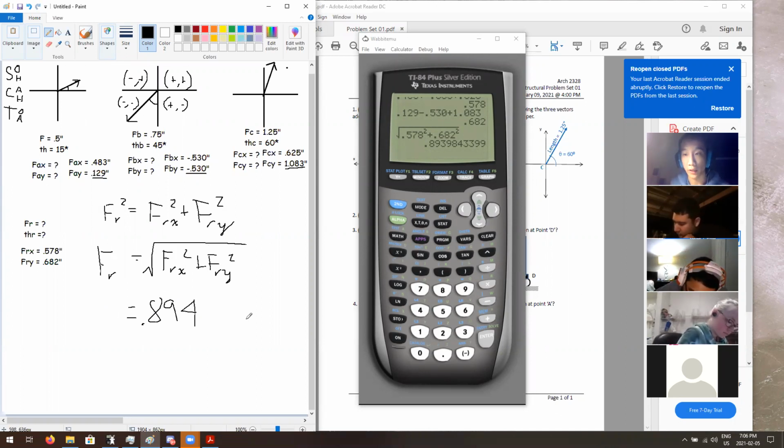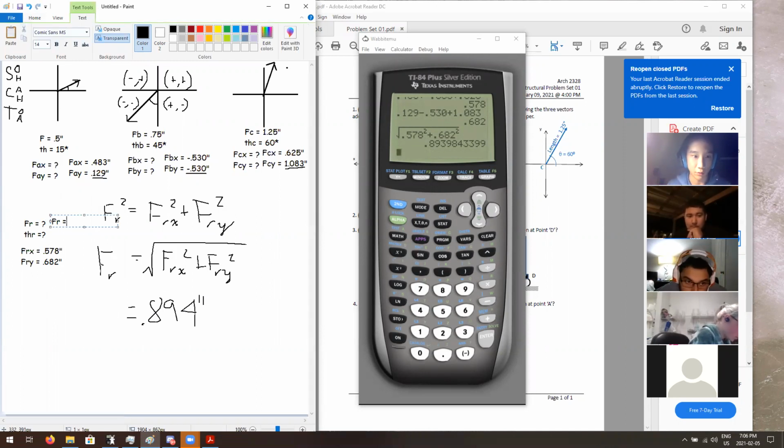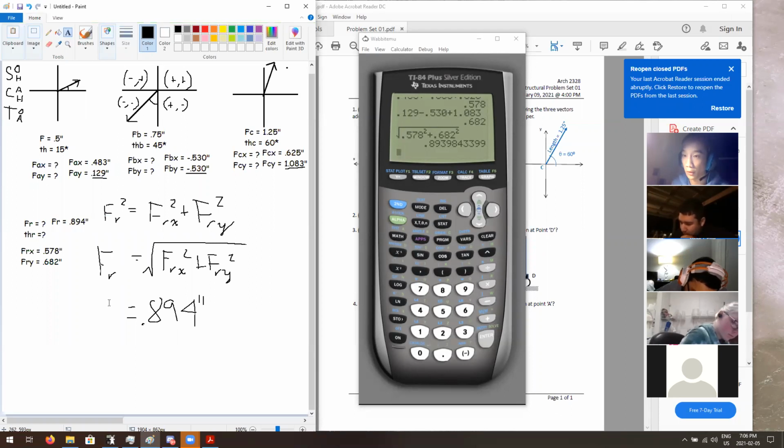That's slightly different from what I got, but it doesn't matter. It's just rounding. So now we know F R is equal to 0.894 inches.